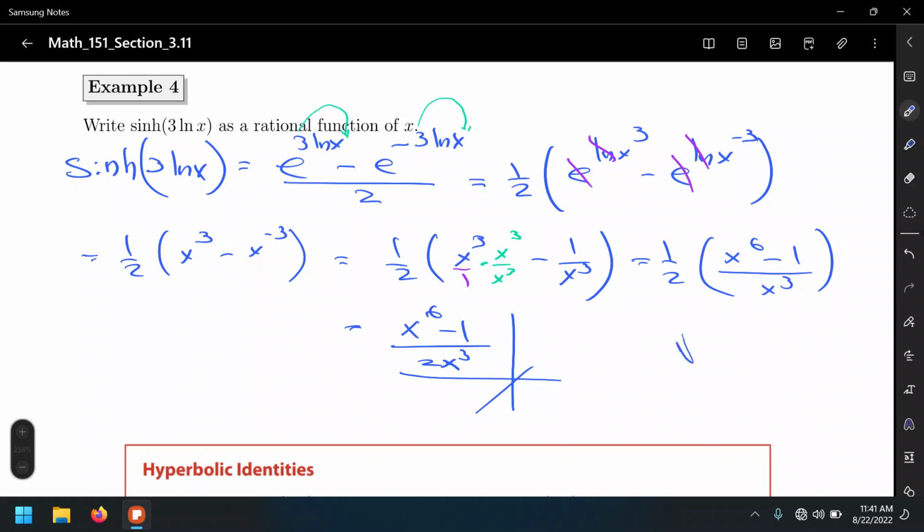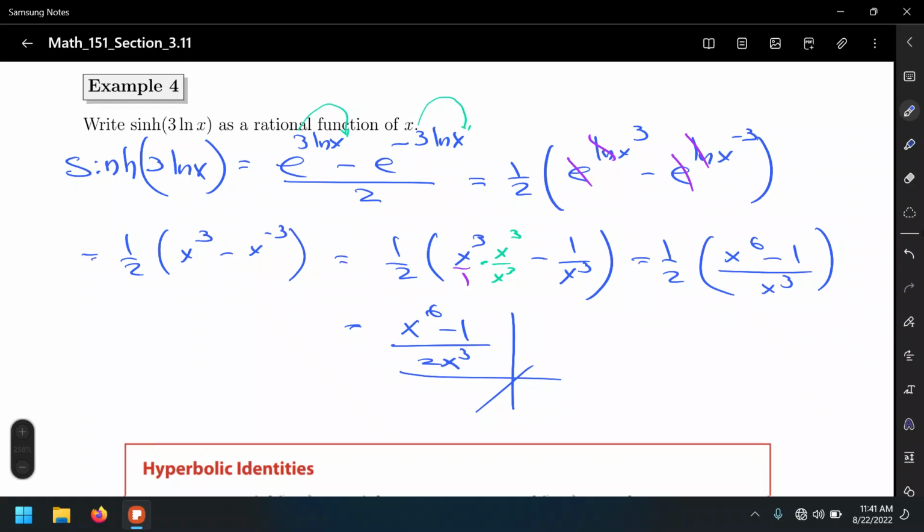Yes, this might look like a rational function because it's a quotient, but this is not a rational function because of the radical. So that's not in the category of rational functions. From pre-calculus, the definition of a rational function is polynomial over polynomial.